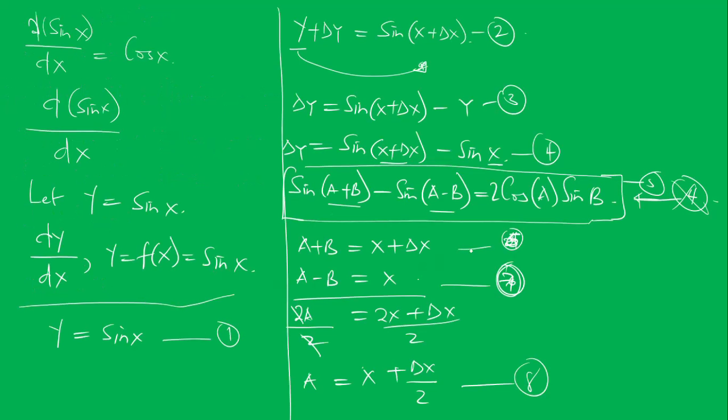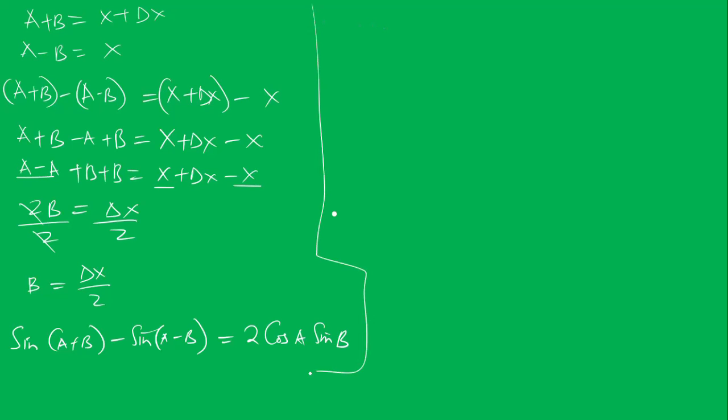Now using this value here, using this product rule where you have sine a plus b minus sine a minus b is equal to 2 cos a sine b. So applying this rule, that means our change in y, which is equal to sine x plus change in x minus sine x.